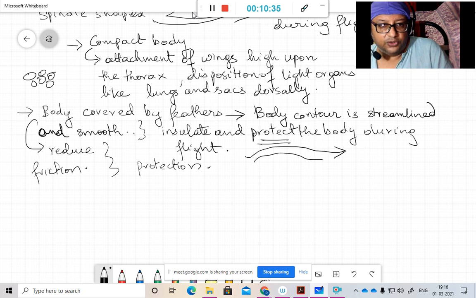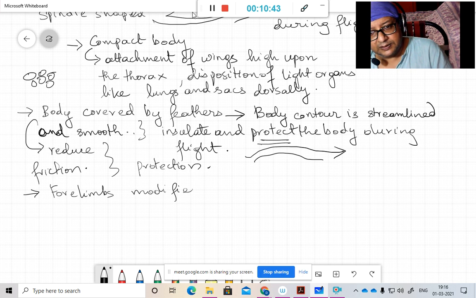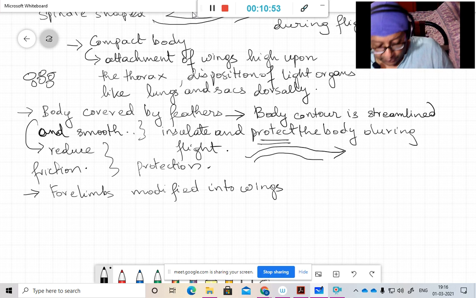And of course you know this one, their forelimbs modified into wings. This is very clear. So there are different types of wing modifications.